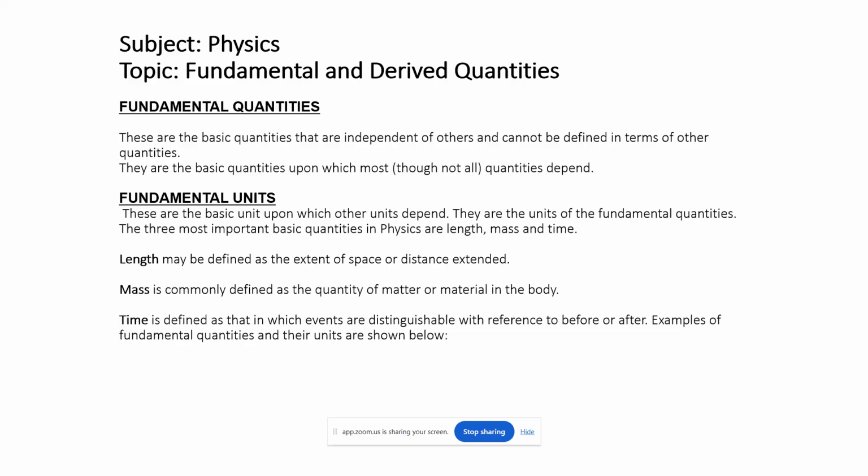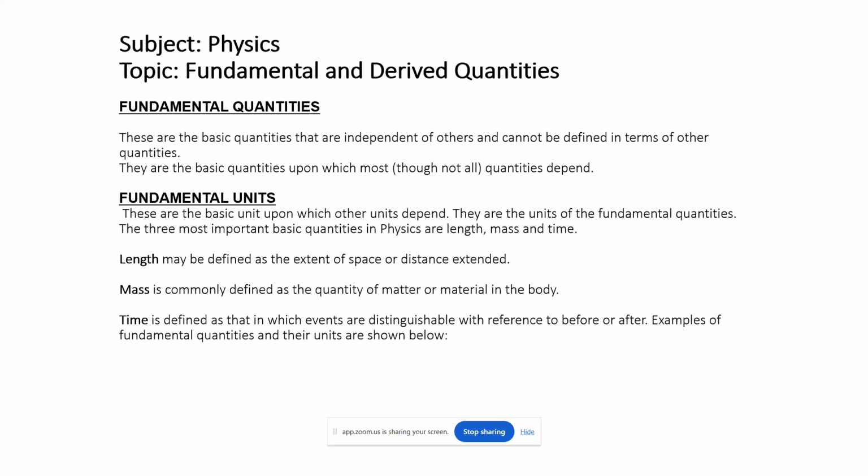That's what makes time a fundamental quantity. So here we define time as distinguishable events with reference to before and after. So if you want to embark on a journey, we have the before, we have the after. So time governs every activity as far as Earth is concerned.